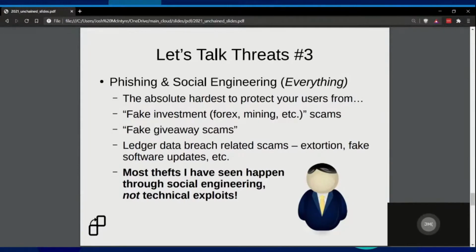People should always be allowed to send money to any address they want to anywhere in the world. That is a critical core component of cryptocurrencies and their censorship resistance and their global nature. But presenting a little warning to your users about social engineering threats, maybe when they load up their wallet, and then they can dismiss that. Those things can't hurt, right? It's important for people to know about these attacks.